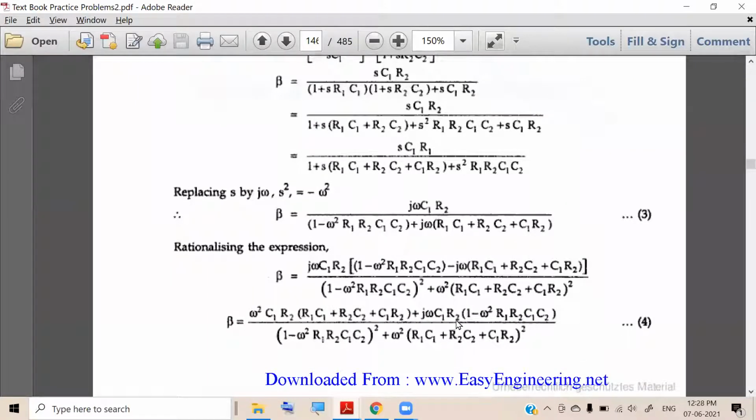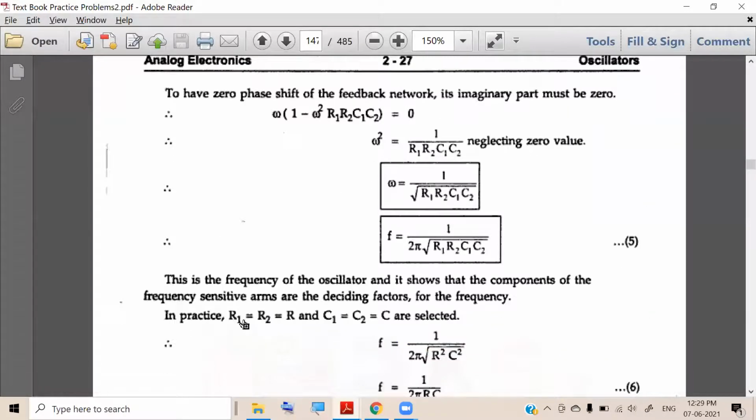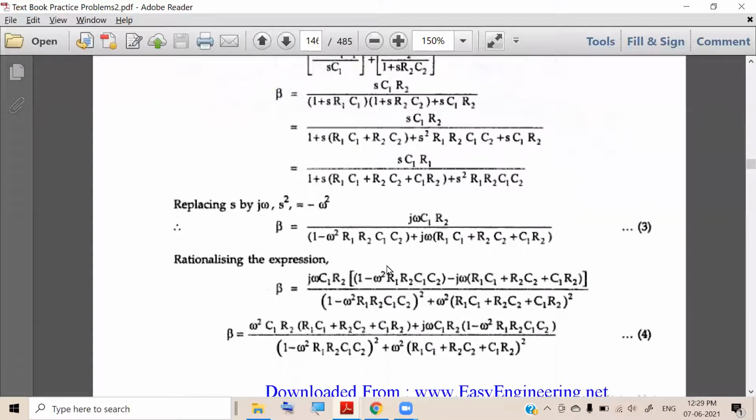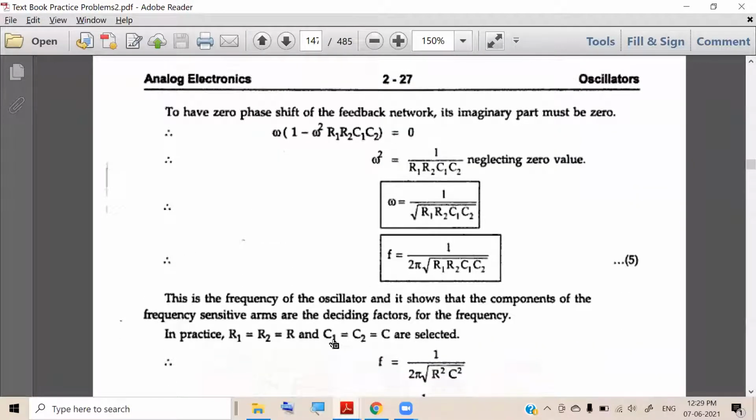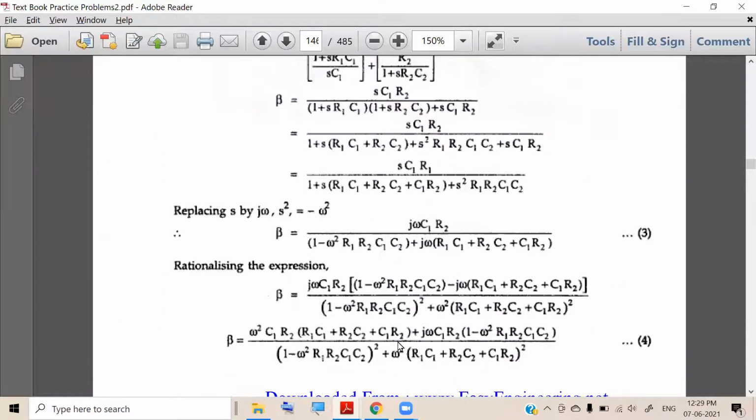Putting R1 is equal to R2 is equal to R, C1 is equal to C2 is equal to C, means we are replacing C1 with C, R2 with R, R1 with R, C2 with C. So simply removing the subscripts.